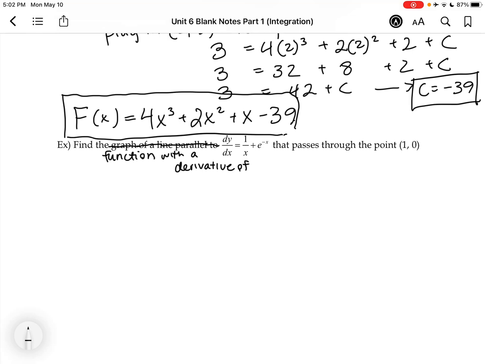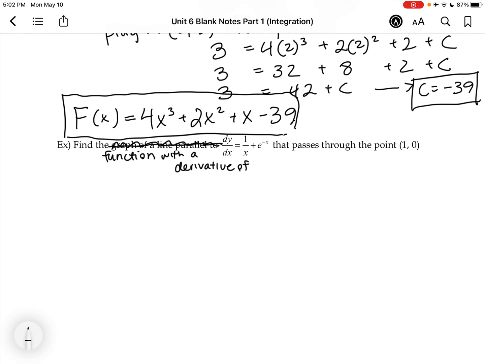The wording "parallel to" actually doesn't make sense here, because if it was parallel to the derivative, it would just be that same exact derivative function plus a constant. Okay, so sorry about that wording, just cross that out on your notes.